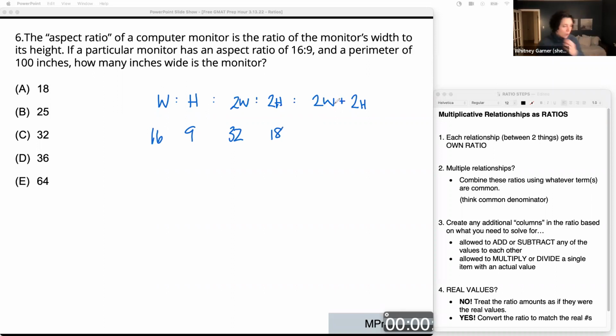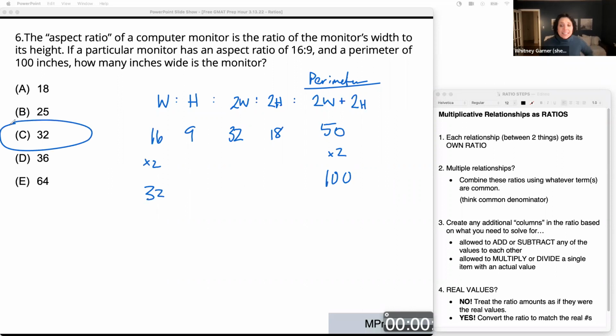And so twice my width plus twice my height, which is perimeter, would be 32 plus 18 is 50. But the actual perimeter is 100. So I double everything. So what is the width? It's 32.